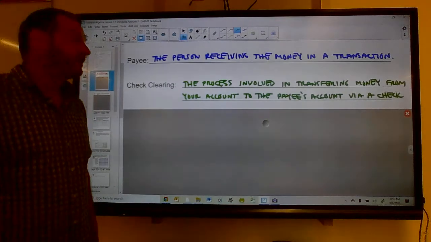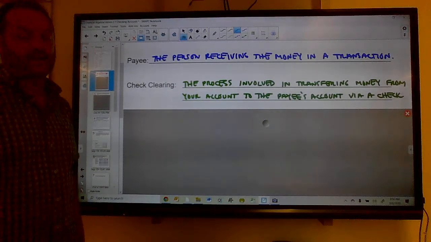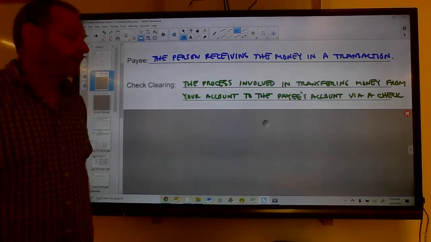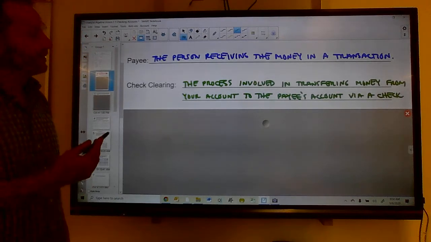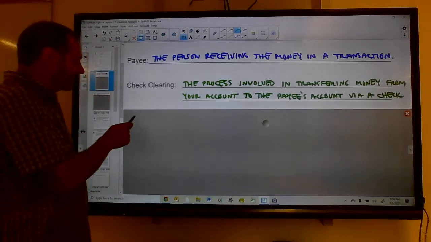Now, there's other ways that you can do it. You can do electronic funds transfers, which are much quicker, but if you're using a check, then that's the check clearing process.